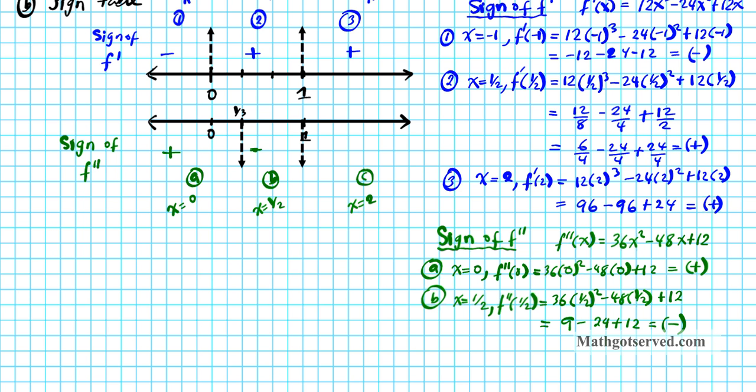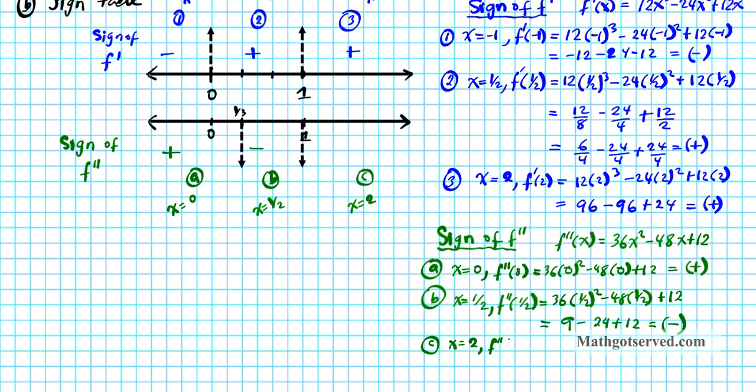All right. Now let's test the last interval. We're going to be using x equals 2 to test interval C. So let's go ahead and do that. So for C, x equals 2.